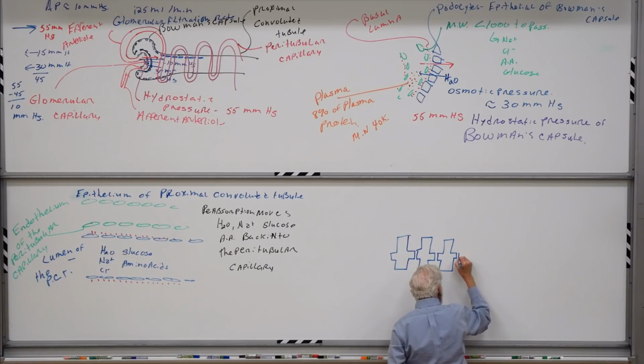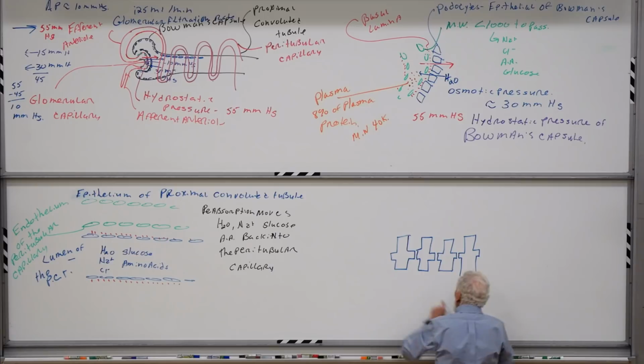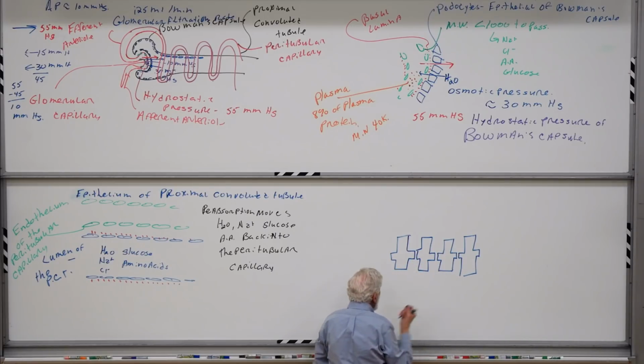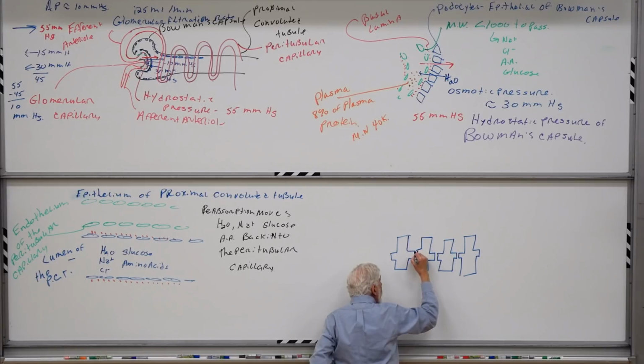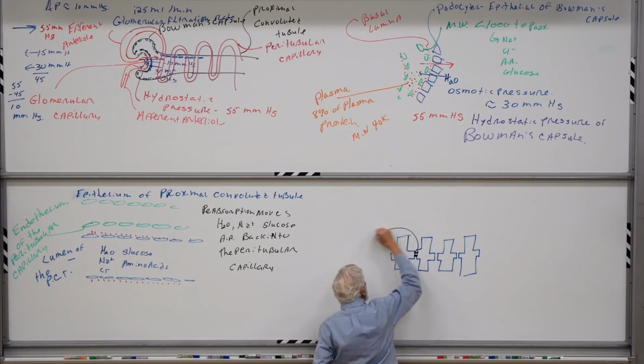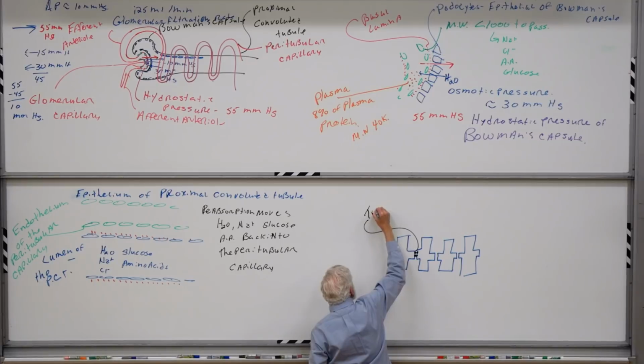I draw them exaggerated, but I think it's worth thinking about it in this way. Because right at these short arms of the cross, we'll find that the cells are more or less plastered together by tight junctions.